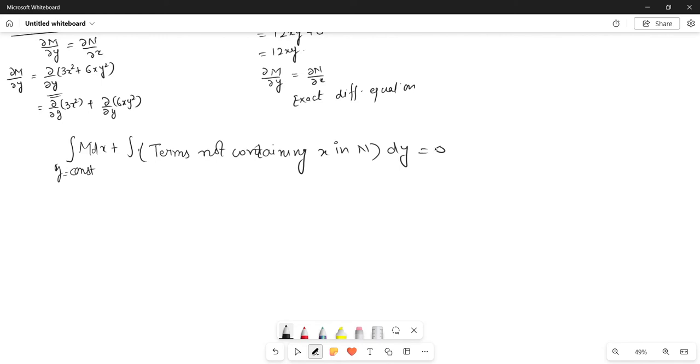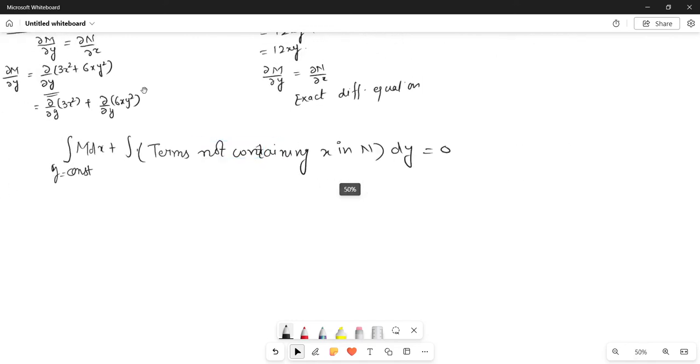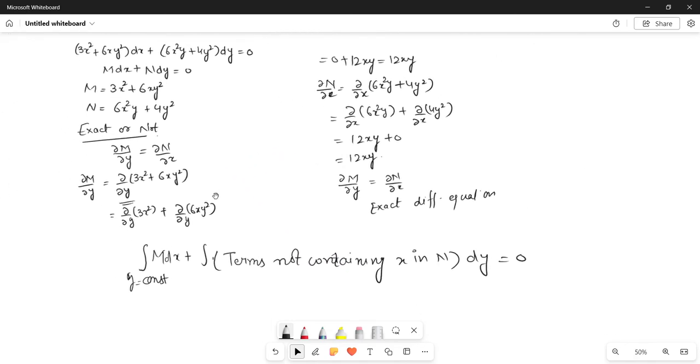First of all, we will check the value of our M. M is 3x squared plus 6xy squared, and we integrate over dx, with y treated as a constant. Then plus the terms not containing x in N. What is the meaning of that?